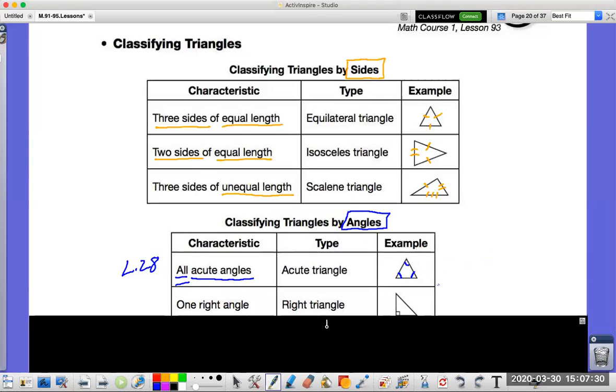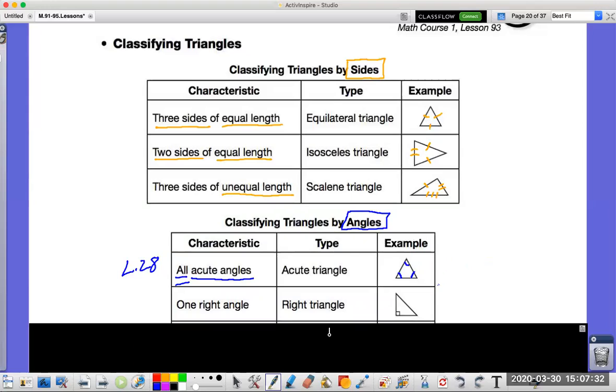Then there's also a right triangle. Well, what does that need? It needs 1 right angle. That's all it needs. So you can see right here, this symbol represents a right angle. So that has 1 right angle, and that's it. This could also be considered what other triangle? Equilateral, isosceles, or scalene. If you look at it, this one right here pretty clearly could be, you can see that it also has these 2 sides being equal.